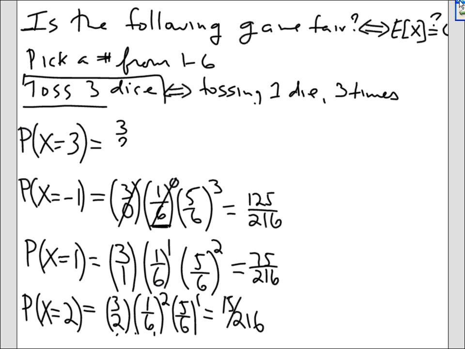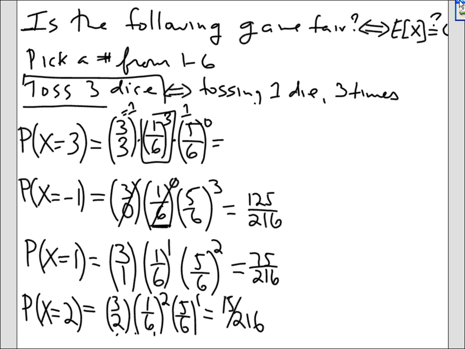From the 3 tosses, you want 3 successes. 3 choose 3 is 1. The probability of success is 1/6, and you want 3 of them, times the probability of failure 5/6, and you want no failures, which is also 1. So it's just 1/6 cubed, which is 1 over 216.